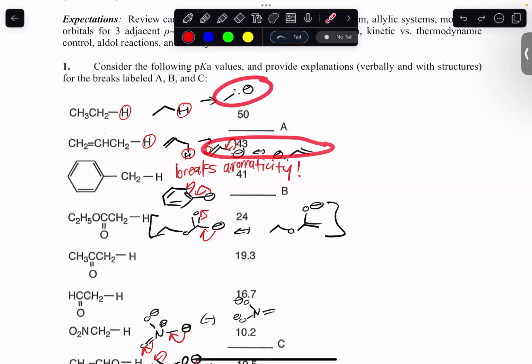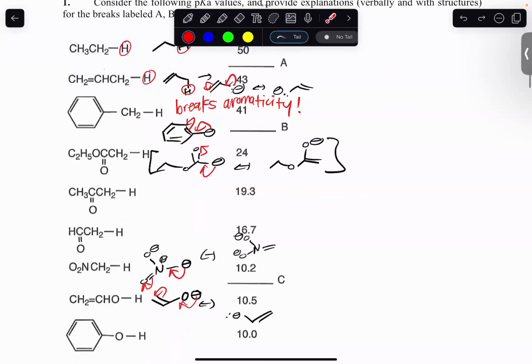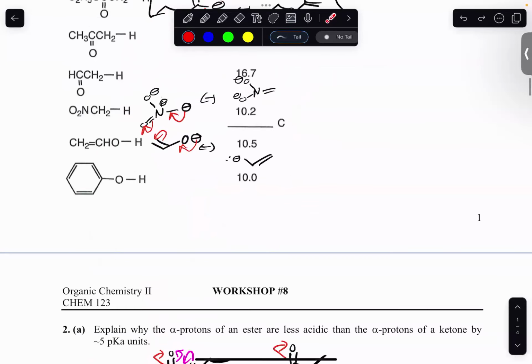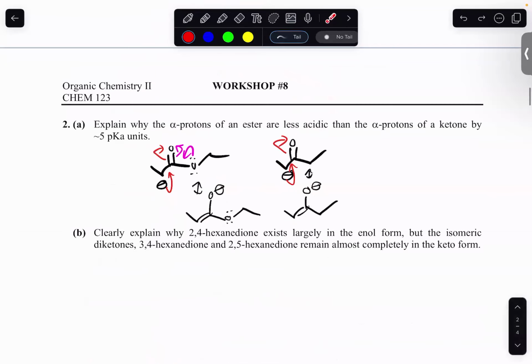So it depends on what the system is and if there's any competition at all. In this case, there was no competition, and in this case, we were breaking the aromatic ring. In this case, the same amount of resonance, but the factor we took into account was the electronegativity. And then this one was the competition of the resonance of the carbonyl here.